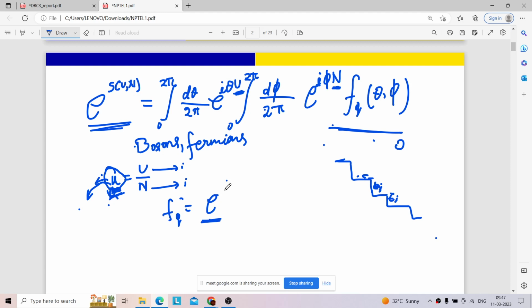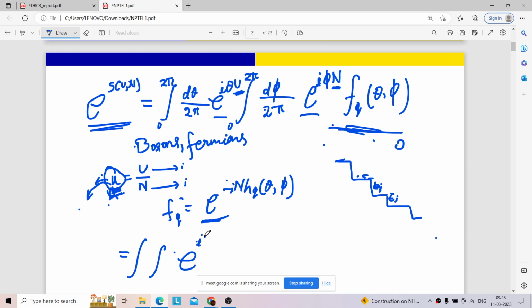So I assume some arbitrary function h q, which depends on theta and phi, right? As we have all the exponential form, I can take all the exponentials on the right hand side inside the integrations, and let them be like that, and I can write e to the power I.